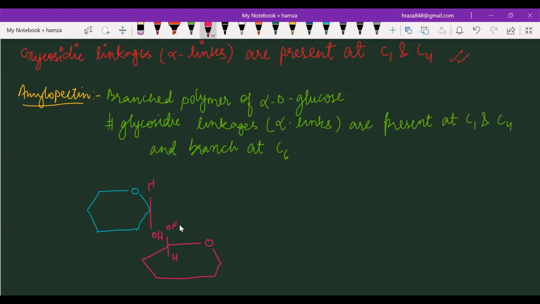I just wrote like this because we need to remove water. So this will be the water. And again, there is a branch at carbon 6. And this has a value H, and here it is H. So again, I'm going to do this.